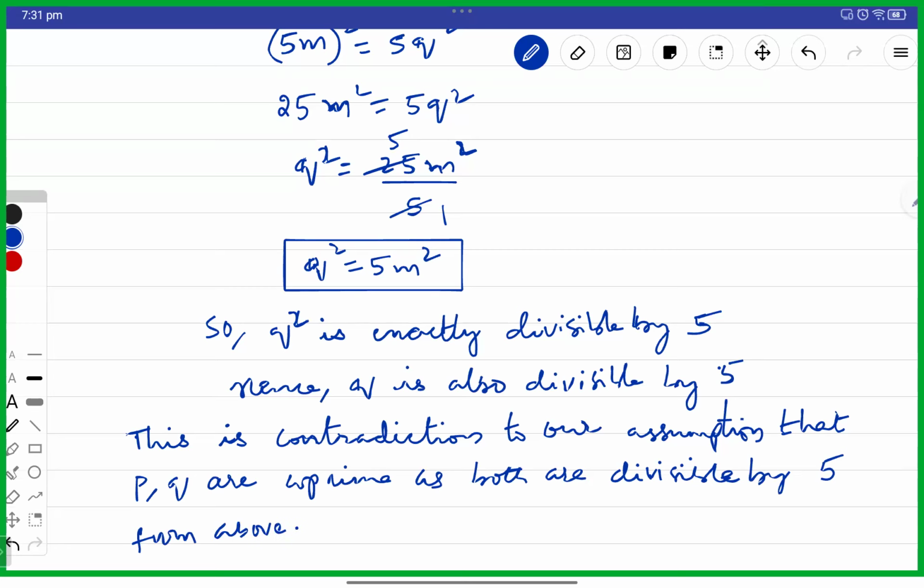A contradiction means we got the reverse. Then we write: this contradiction arose because of our wrong assumption that root 5 is a rational number.